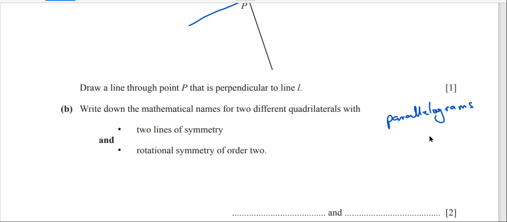Square is not there, but we have rhombus, parallelogram, rectangle. They all have two lines of symmetry and rotational symmetry of order 2. So we can just write rectangle. And let's write rhombus, because rhombus also belongs to the family of parallelogram.